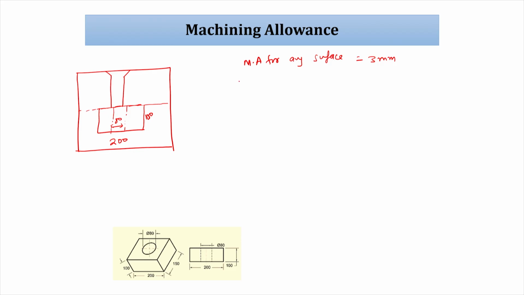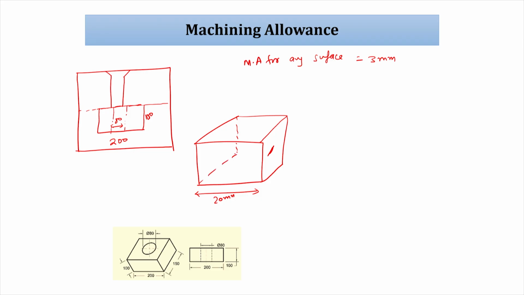Okay. So, I have to machine which side. For 200 mm, I have to machine this side, and I have to machine this side also. So, what will happen? 200 plus 3 plus 3. So, the 200 mm surface scale after machining allowance.